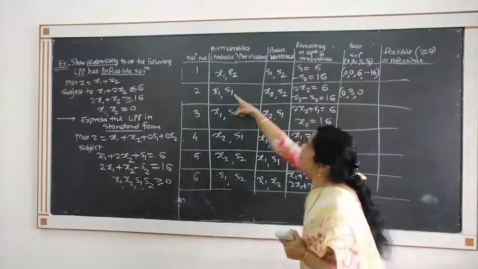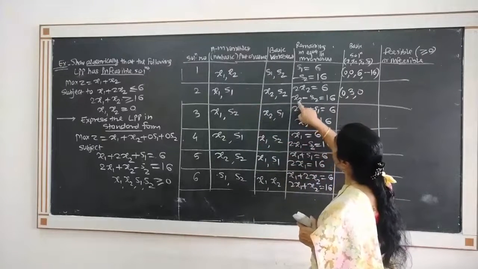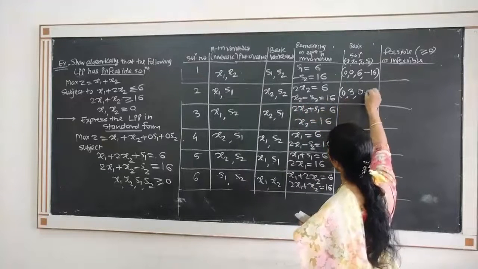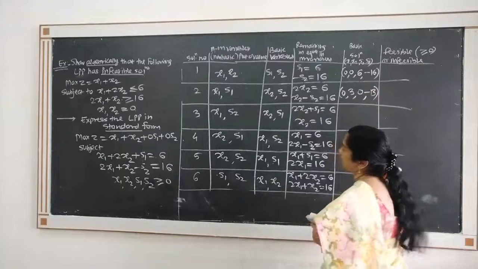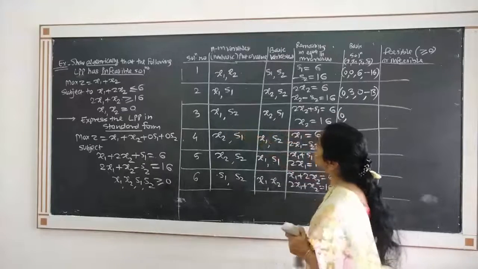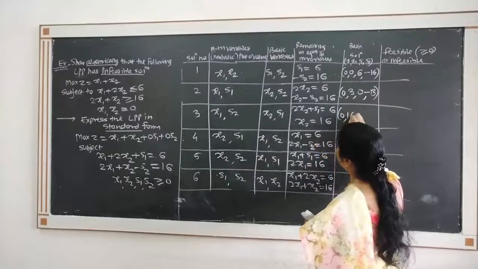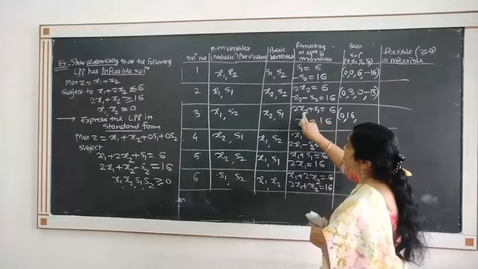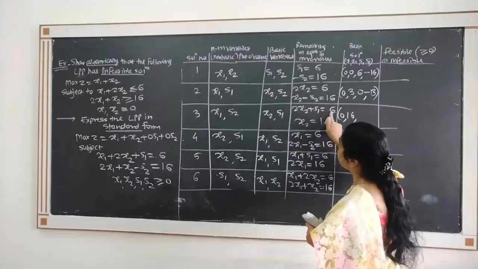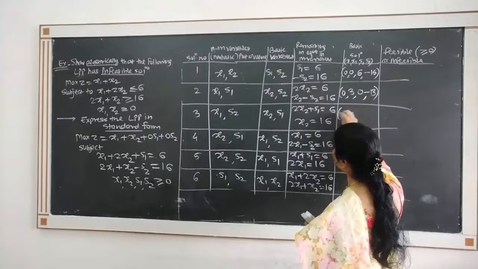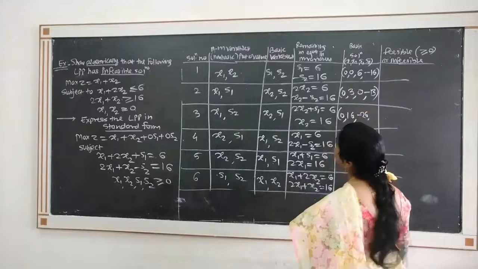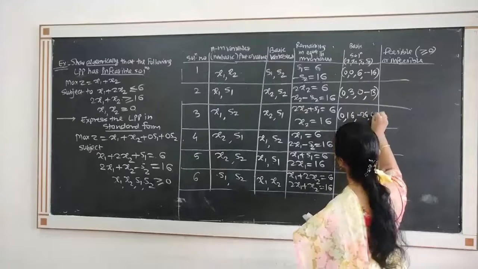We have s1 0 as assumed, and putting x2 equal to 3, we get minus s2 is equal to 13, so s2 is equal to minus 13. Next, x1 is 0 and x2 is equal to 16. Putting x2 equal to 16, we get 32, and 6 minus 32, so we get the value of s1 as 6 minus 32, that is minus 26, and the last value s2 is 0.